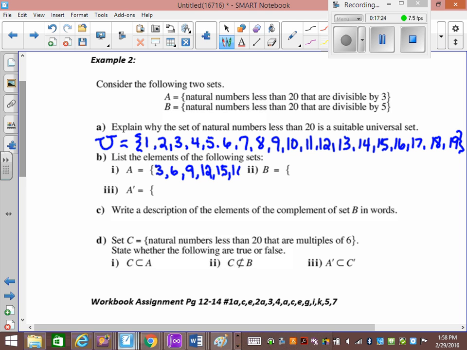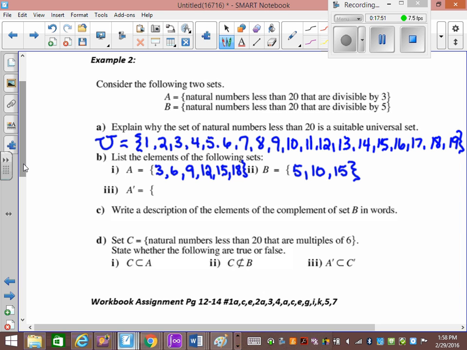And 18 is because you get 6. So those are all the numbers that are divisible by 3, where you get a non-decimal number when you divide by 3. For B, all the ones that are divisible by 5: 5, 10, and 15 are the only numbers that you can divide by 5 and get a non-decimal answer.